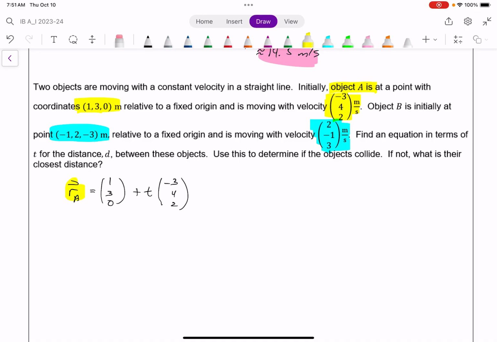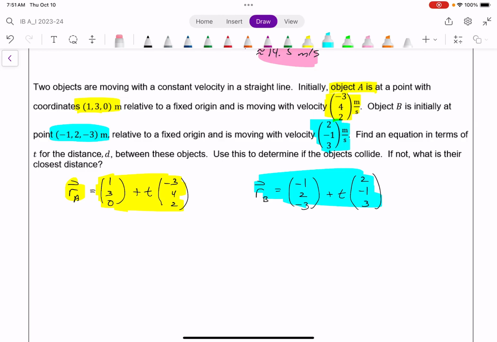So this here represents the change in time of that first object. Let's do the same thing for this: initial point, plus the change in time times its velocity.